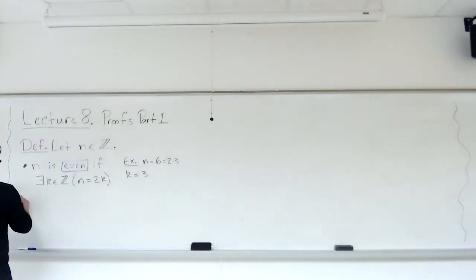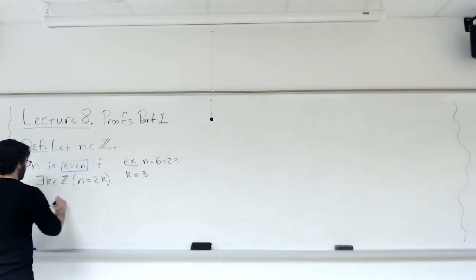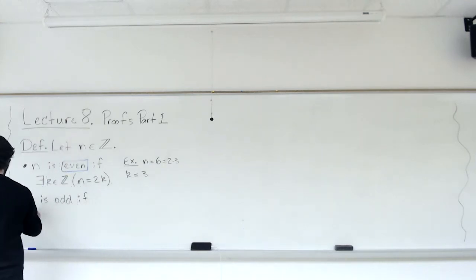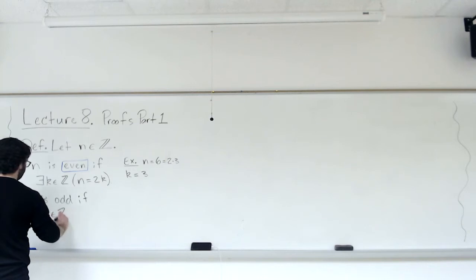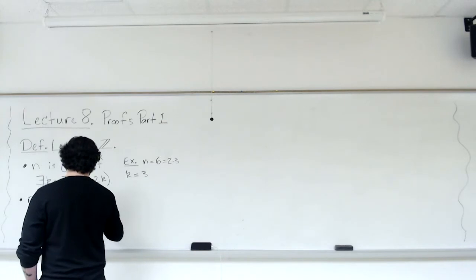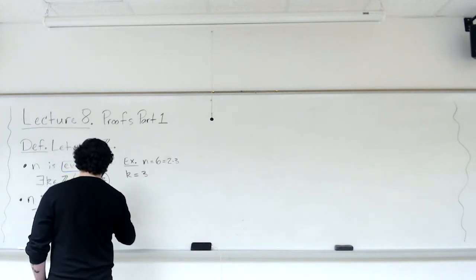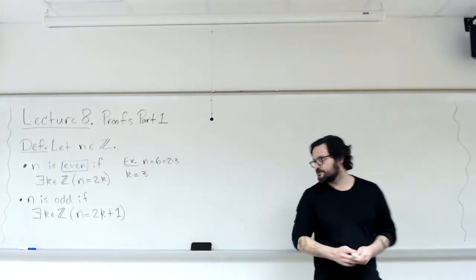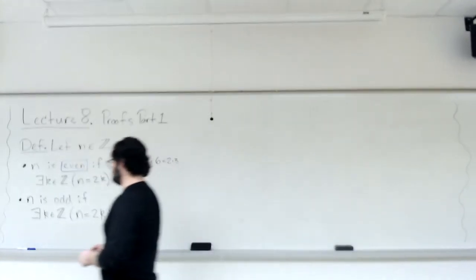Okay. Now, in a similar manner, we say that n is odd if there exists some integer k such that n is equal to 2 times k plus 1. So that's the formal definition of being odd.